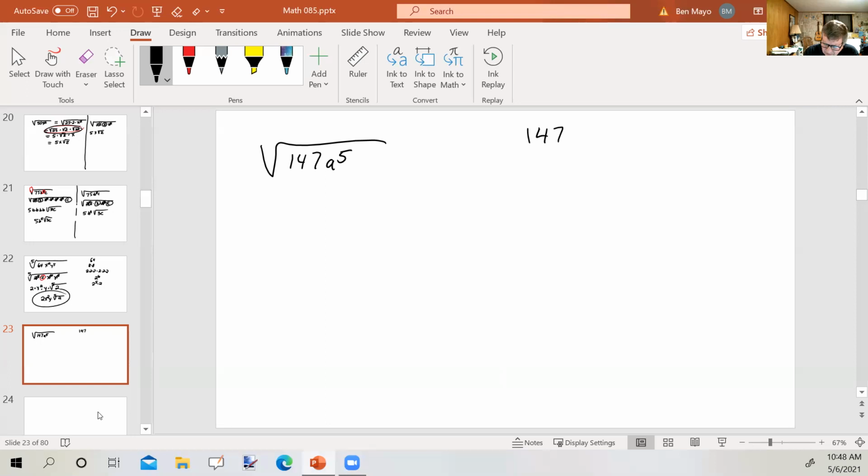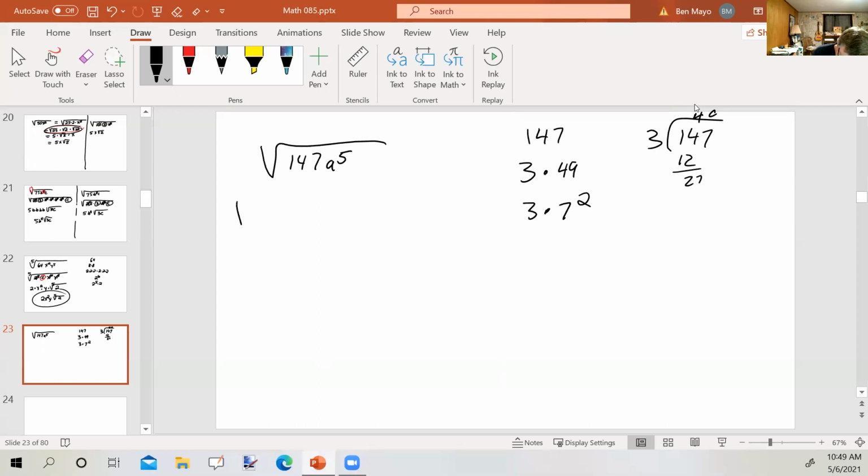What goes into that? 2 doesn't go in. 3 goes in if you add up all the digits. 1 plus 4 is 5. 5 plus 7 is 12. If 3 goes into the sum of the digits, 3 goes into the original number. Well, let's see how many times. 147 divided by 3 is 49. Okay, so that's 3 times 7 squared.